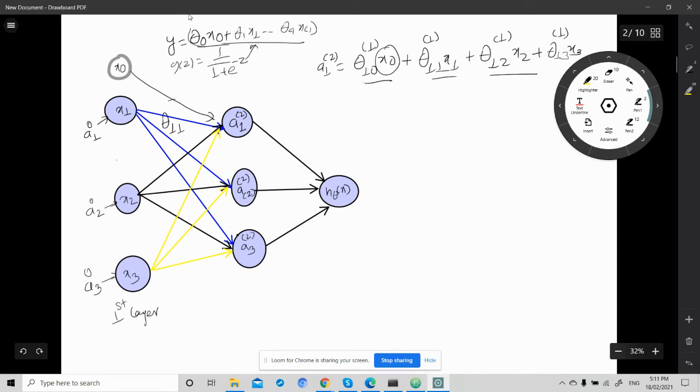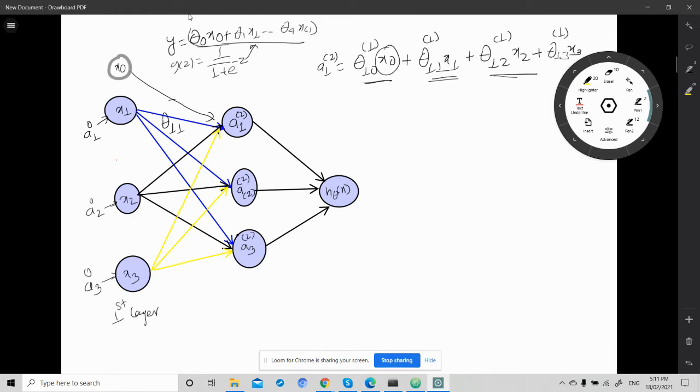This is a similar way of writing, because we have theta in more than two-dimensional shape. That's why we give a term like theta 1 to represent this line, theta 2 to represent another line. That's why we write it in this way.